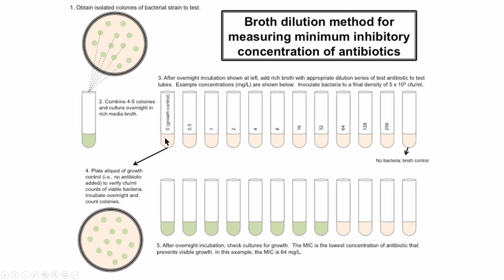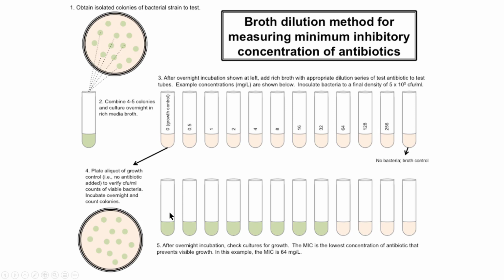One of them will not have any antibiotics, so the concentration would be 0, and then we double the concentration in each test tube, and then we inoculate these test tubes with the organism that we are trying to test, and we let it grow.